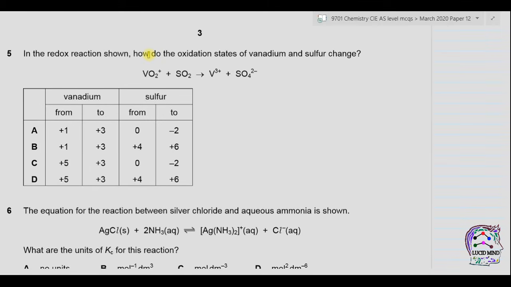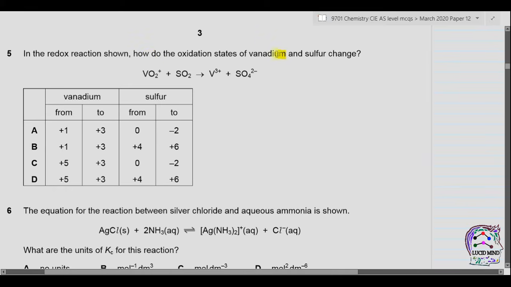Question number 5. In the redox reaction, show how the oxidation states of vanadium and sulfur change. So they have given us 2 elements and we have to find the change in oxidation states. First, finding the oxidation state of vanadium in VO2+.